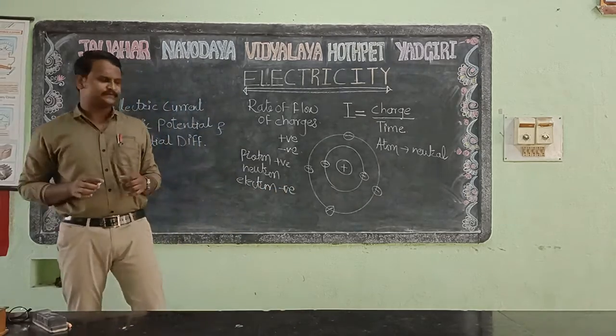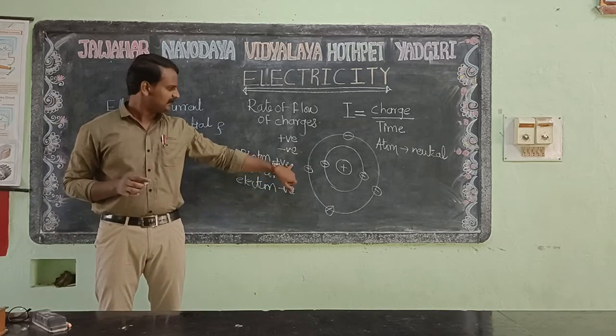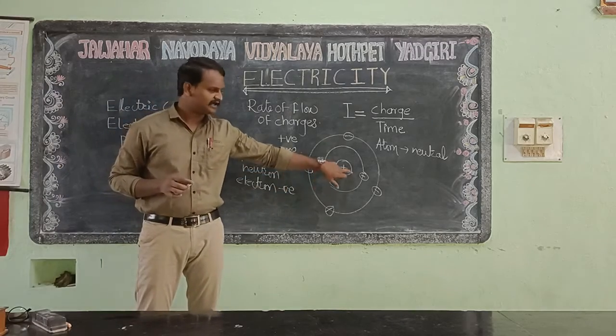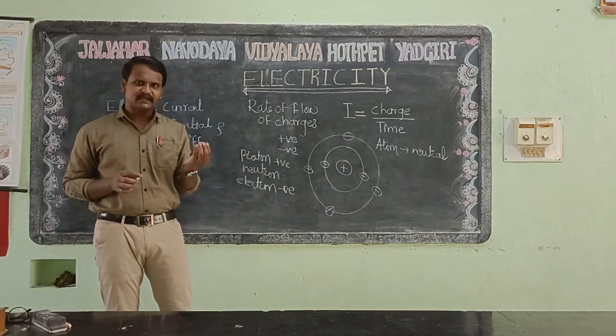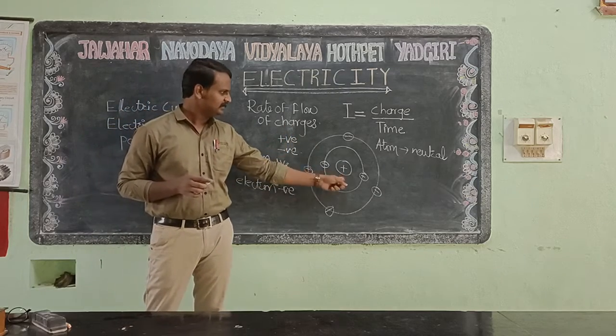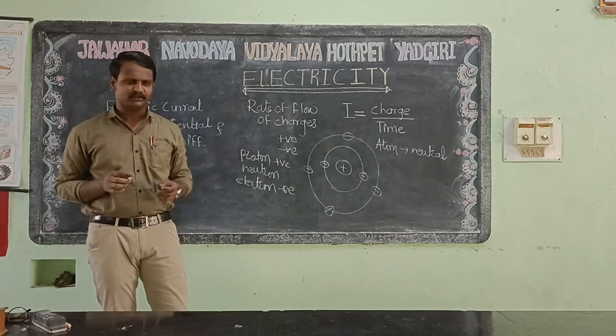From Coulomb's force, we know that positive and negative charges, that is, unlike charges, attract each other. For that, the electron is attracted towards the nucleus, and that's why the electrons revolve in the orbit. It's like the nucleus as the sun and the electrons as the planets.